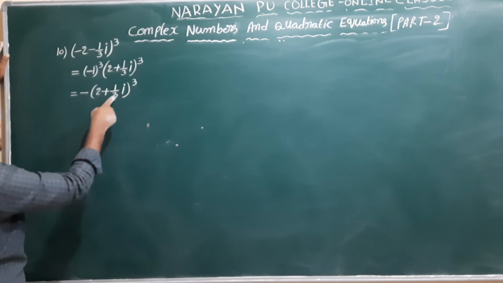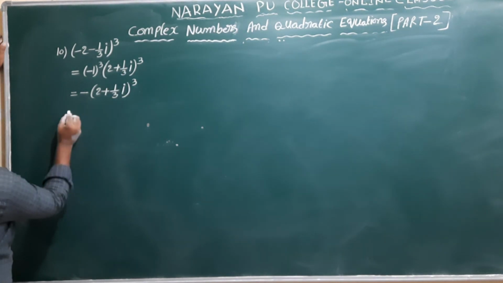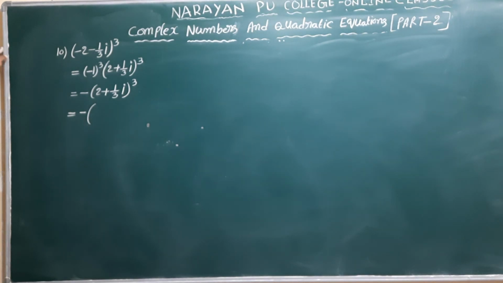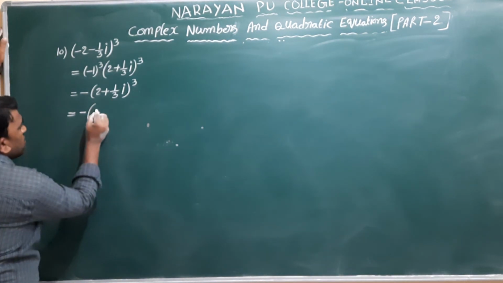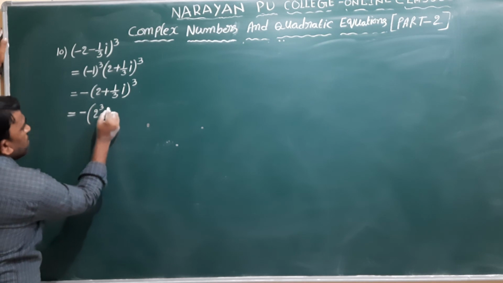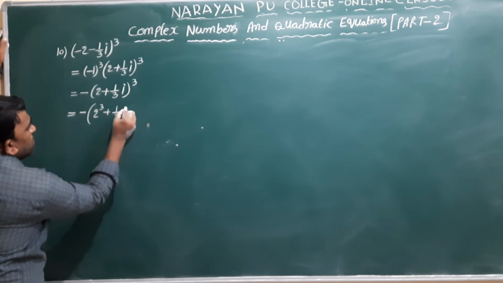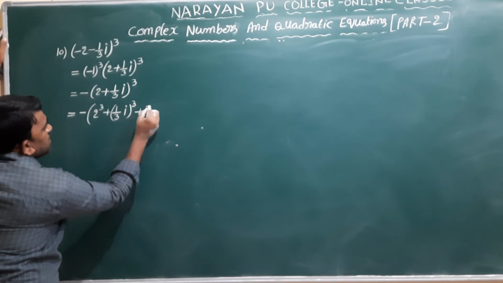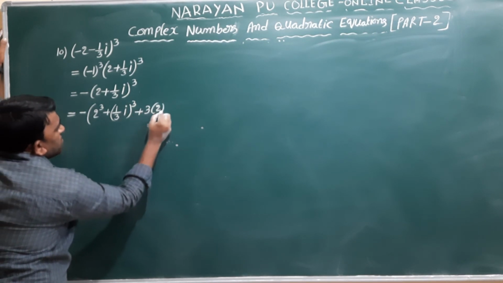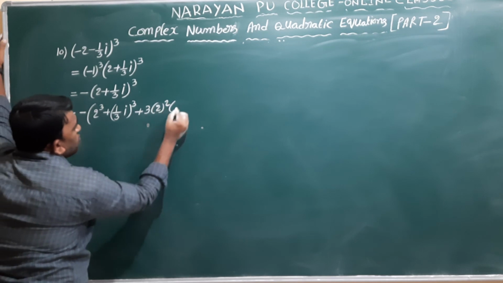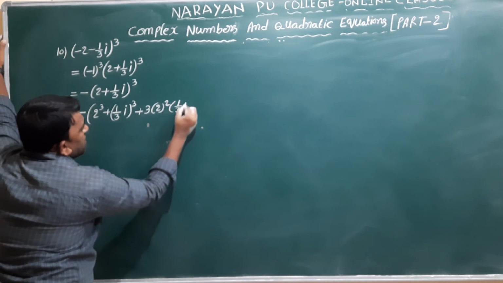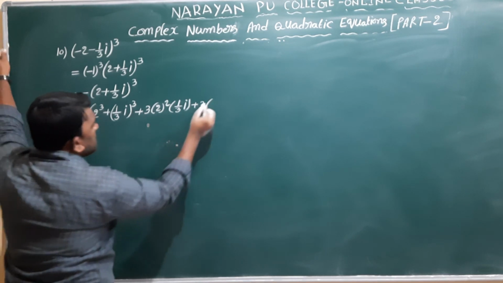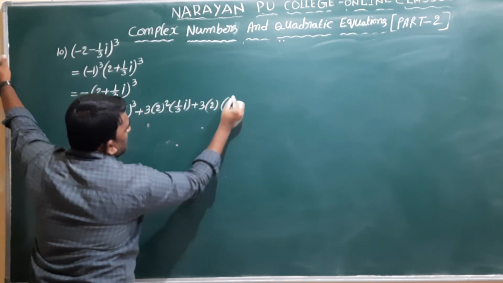Just now I told the a plus b whole cube form. So directly I will write, we know already the a plus b whole cube form: a cube plus b cube plus 3a square b plus 3ab square. 2 cube plus 1 by 3 whole cube, plus 3a square, 2 square into b, 1 by 3 into i, plus 3ab square. A value is 2, b is 1 by 3 i.